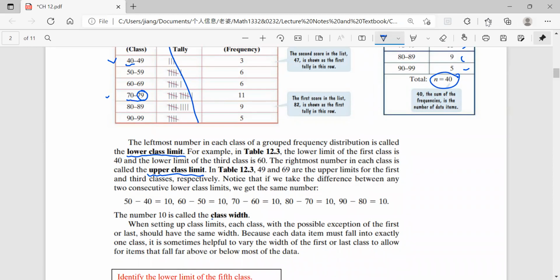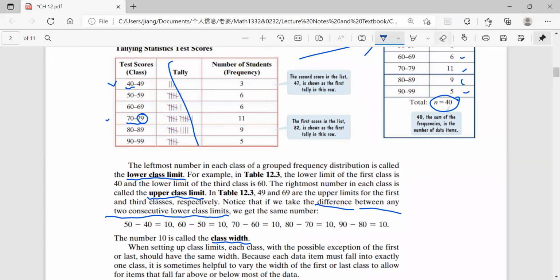The next definition is class width. How do we find the class width? We can use the difference between any two consecutive lower class limits. Consecutive means the classes next to each other, like the first and second classes.